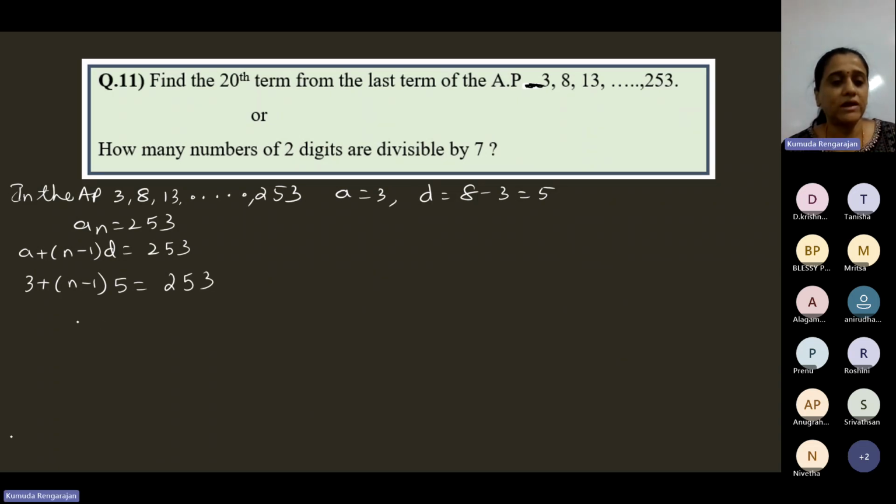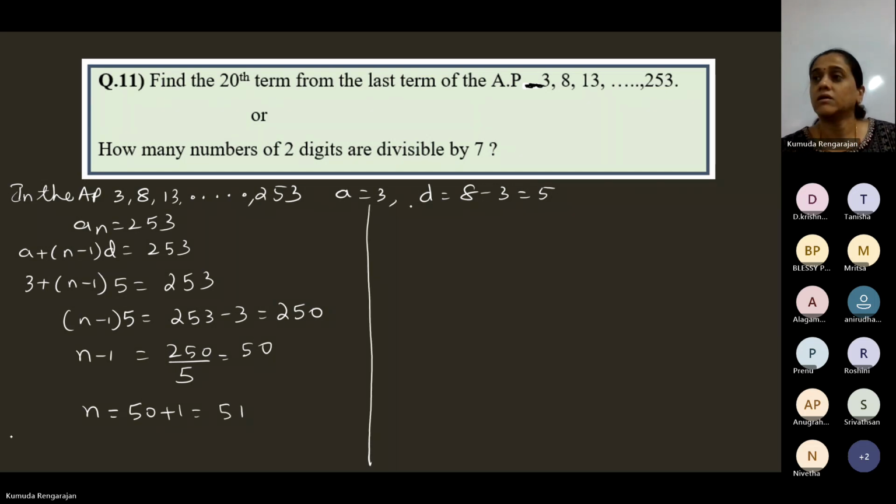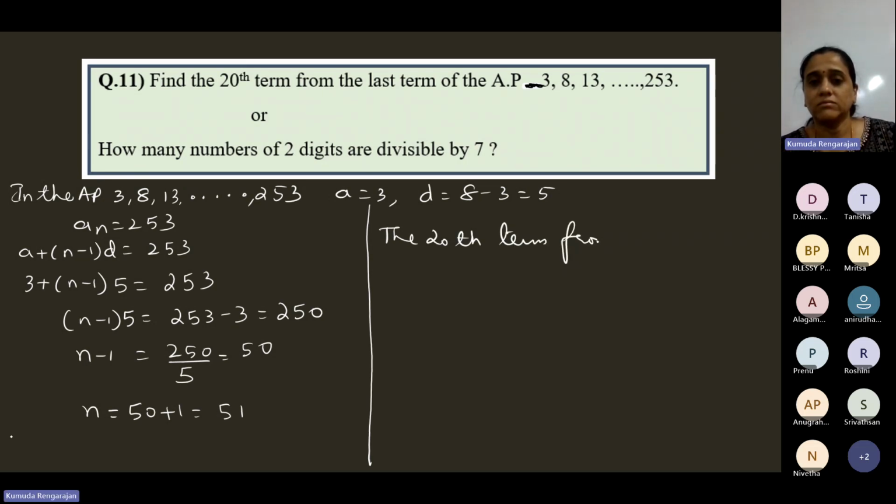So we need to first find the value of n. The 20th term from behind, or from the last.